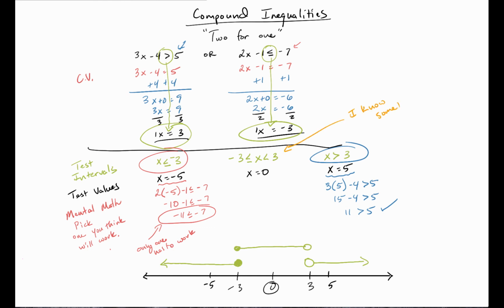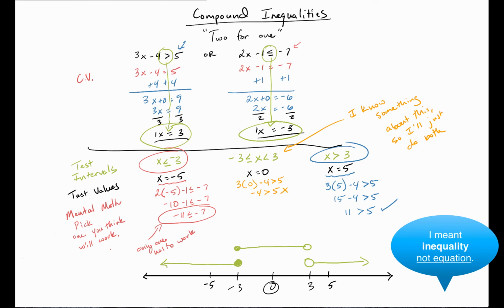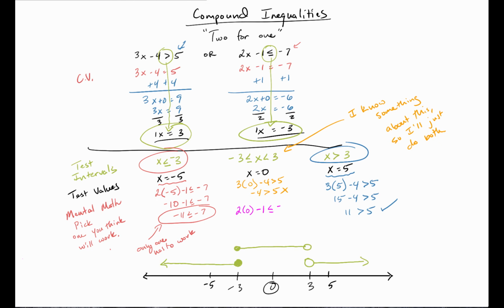Now, again, because I've been doing this for a while and I know some of the patterns, I actually know that this middle one is not going to work. So I'm going to plug it into both inequalities. I didn't do any mental math here. I feel confident it's not going to work. And what we end up with is two inequalities: negative 4 is greater than 5, and negative 1 is less than or equal to negative 7.